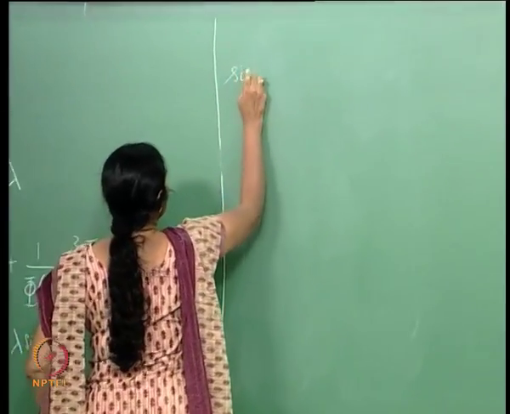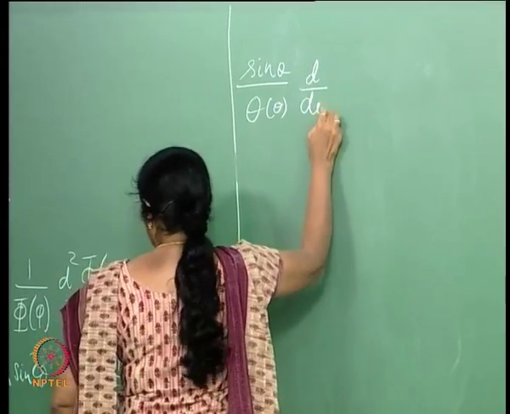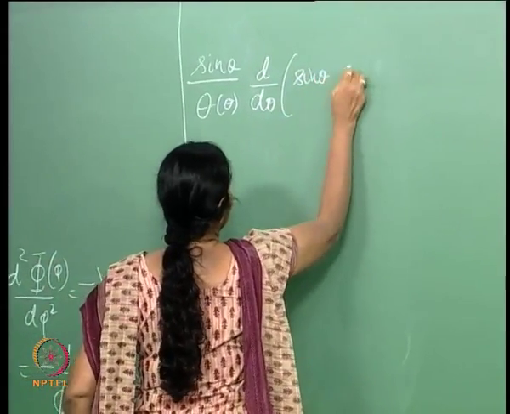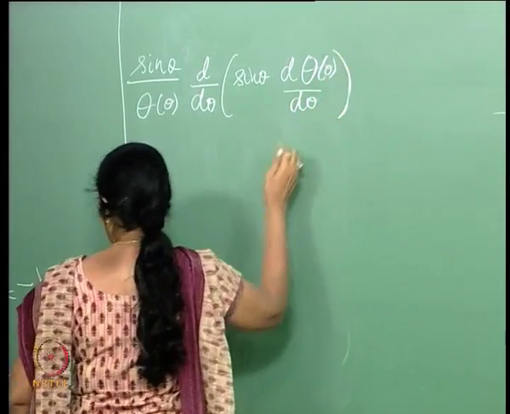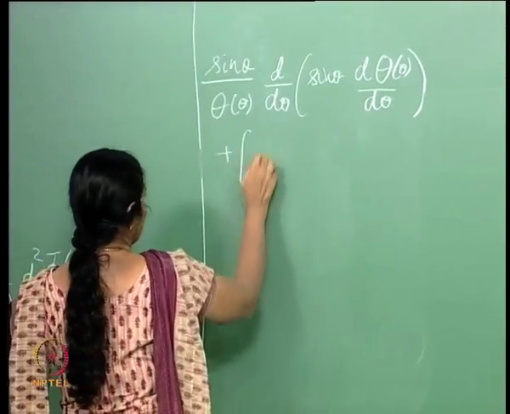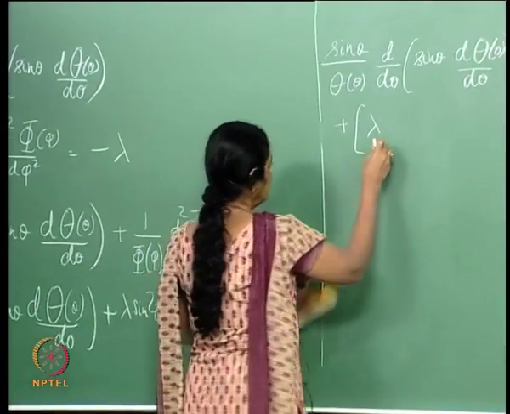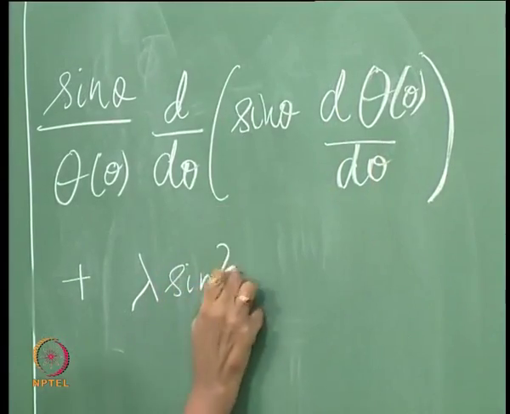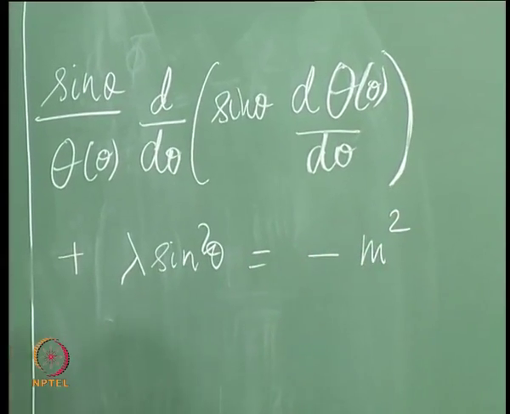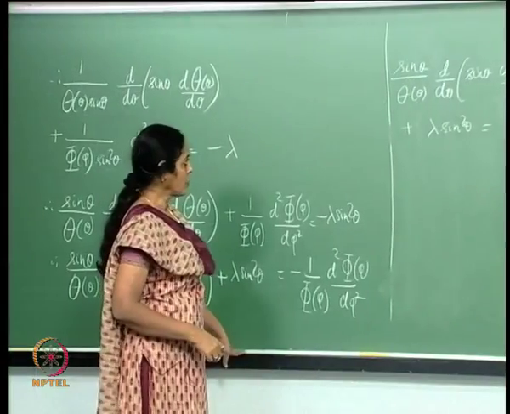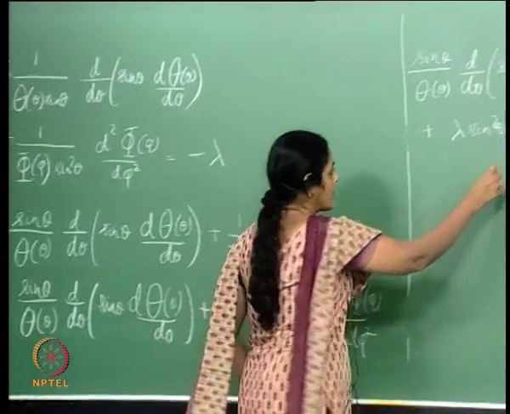So I have sine theta by theta of theta, d by d theta of sine theta d theta of theta by d theta, plus lambda sine squared theta is minus m squared, because we set d2 phi by d phi squared as minus m squared phi. So this would be plus m squared.